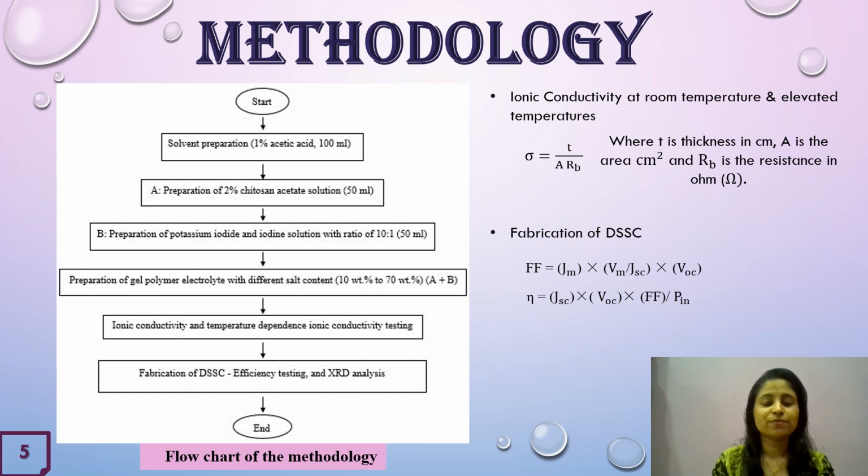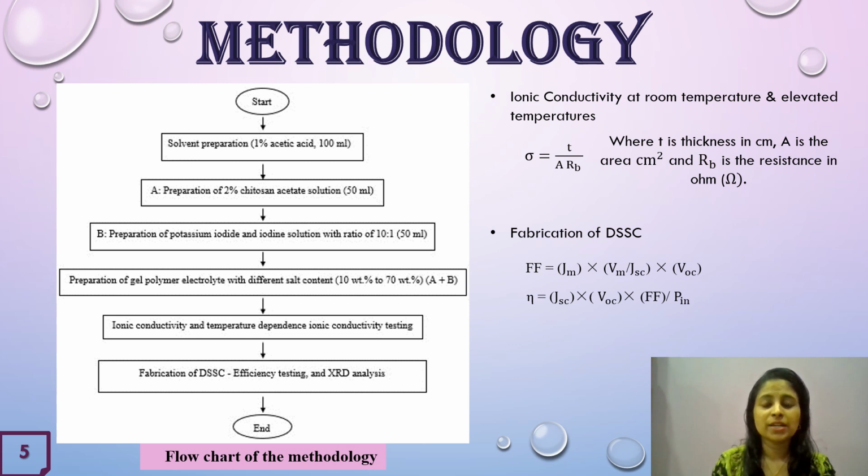The next part of my presentation will be on the methodology of my research project. As can be seen in this slide, I started off with solvent preparation where I diluted 1% of acetic acid into 100 ml of distilled water. Next, I prepared 2% of chitosan acetate solution where I mixed chitosan powder in 50 ml of acetic acid solution.